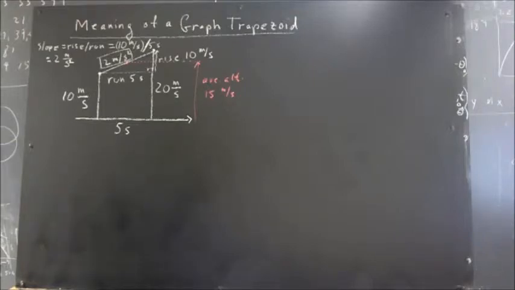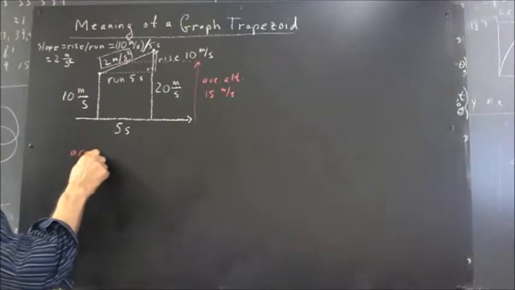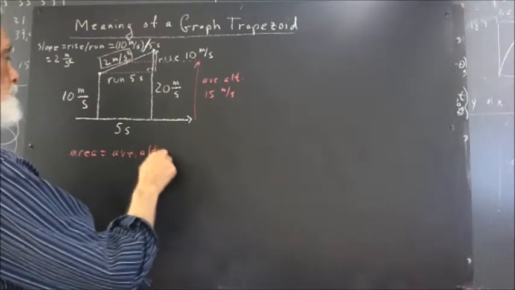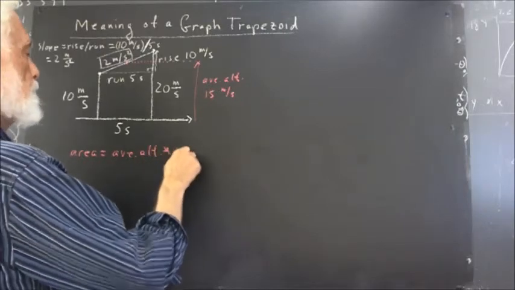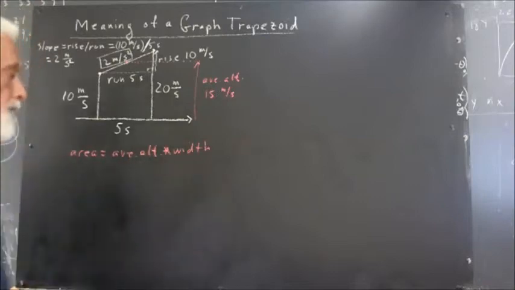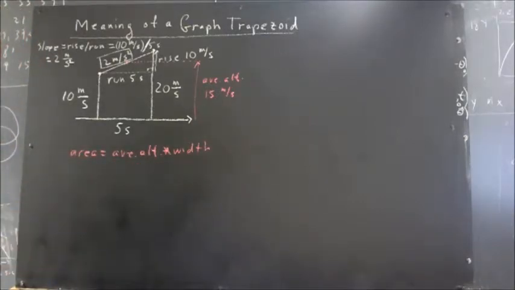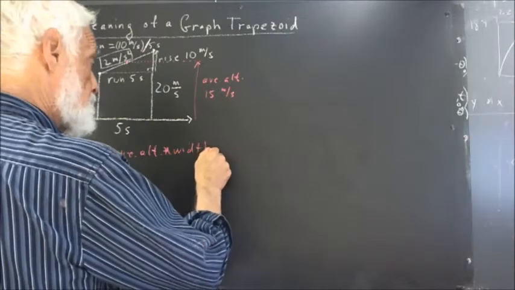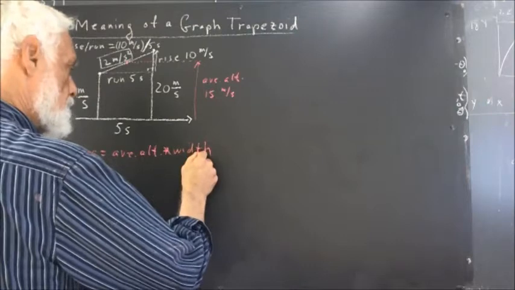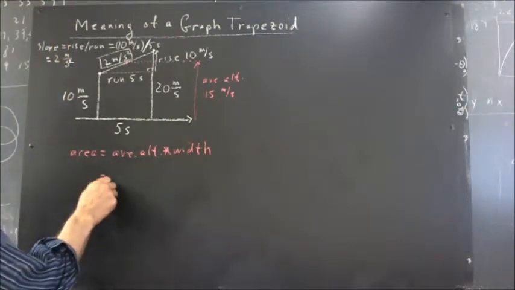So the area equals the average graph altitude times width. If you want to think length times width, okay. But this is a special length, and I'm going to call it the average altitude, and it would be good if you would think in those terms as well. It helps you keep straight the meanings of the various quantities.